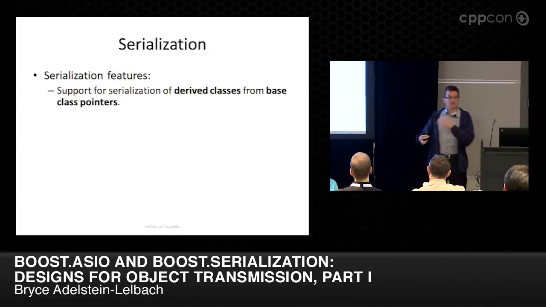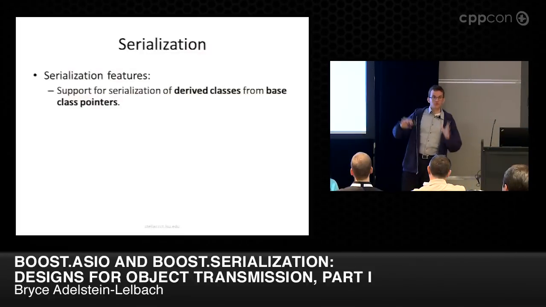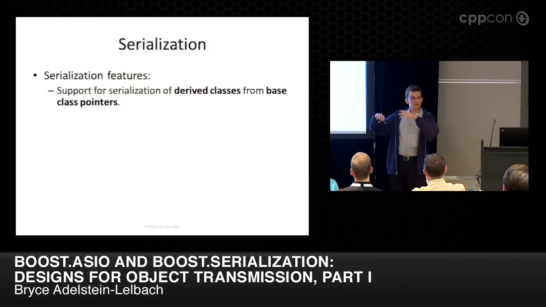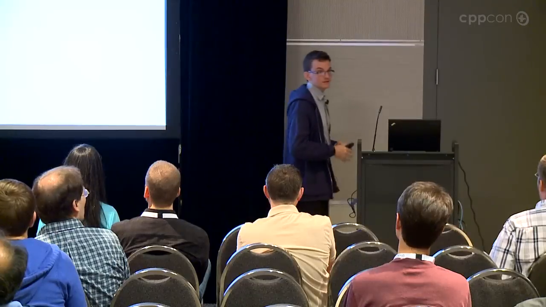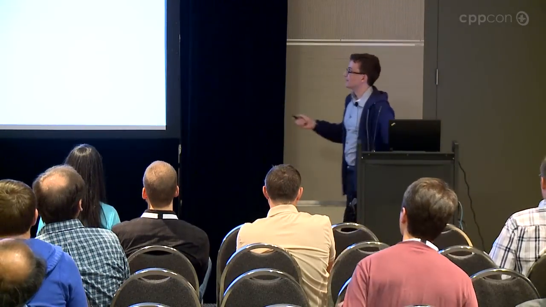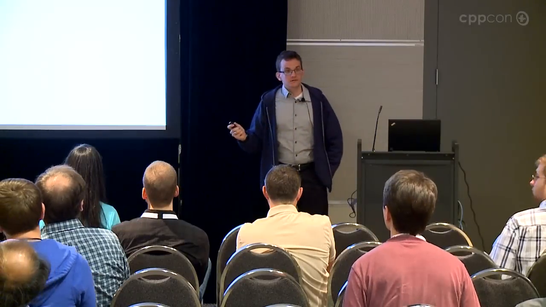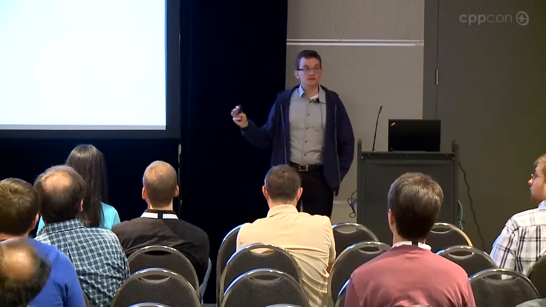You lose information in the process if you have to do some weird hackery where you figure out what the actual derived class is. Well, then you're just doing duck typing, and you can reconstruct it later maybe, but I really like the fact that this is a native thing in Boost serialization. I don't have to do any special magic to make this work. I can just use my base class pointers out of the box.